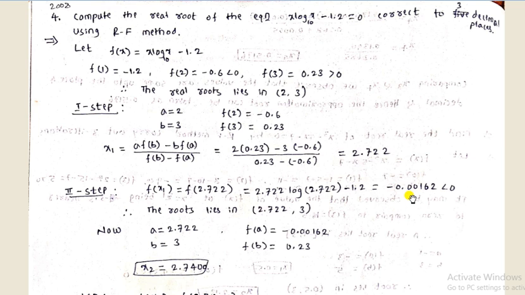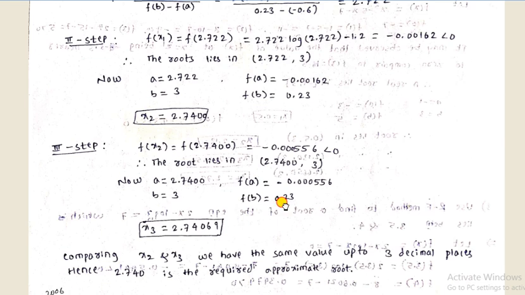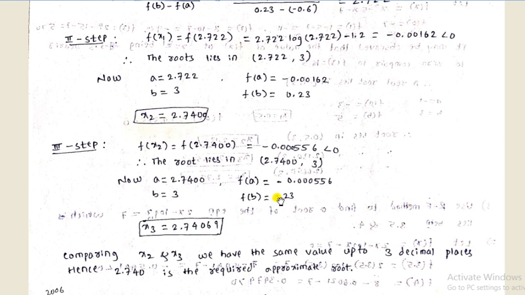So after simplifying it gives a negative value. It means that in the second step we consider a value as 2.722 and b value as 3. So continue the same process till the two values are the same, 2.7406, 2.7406 here. So therefore the approximate value is 2.740.